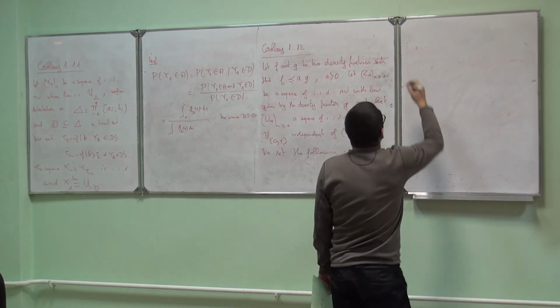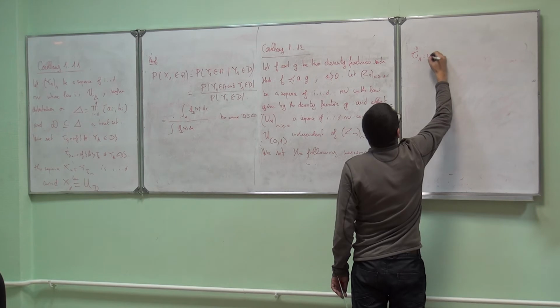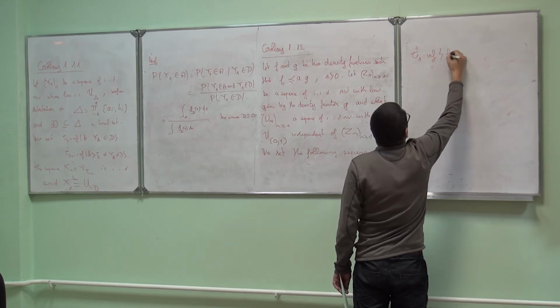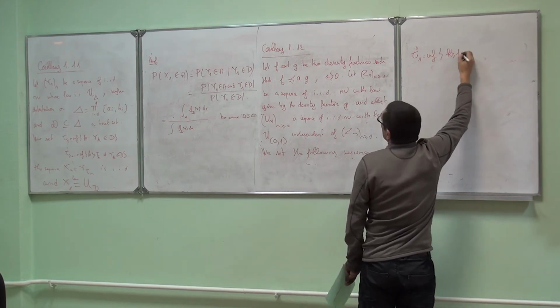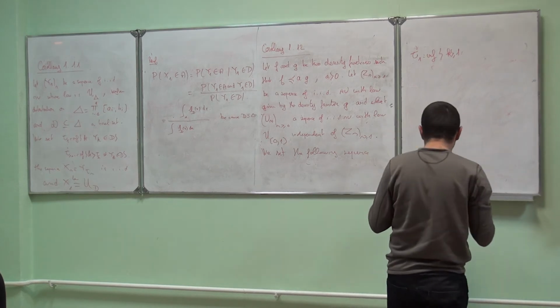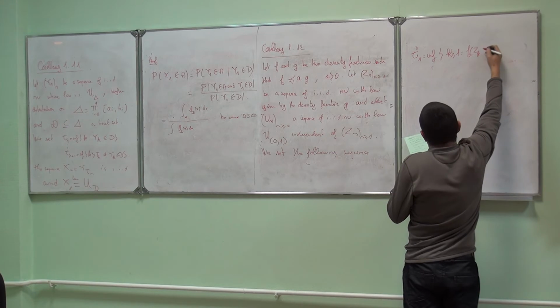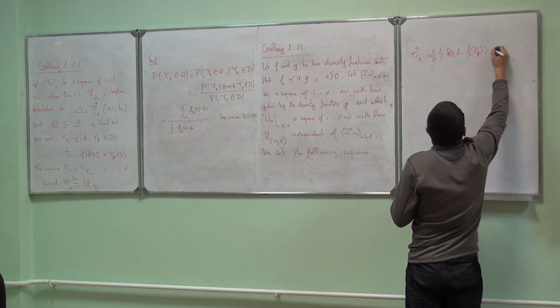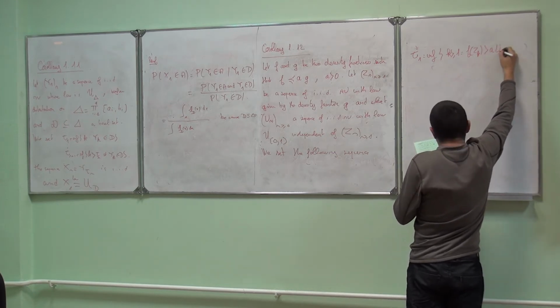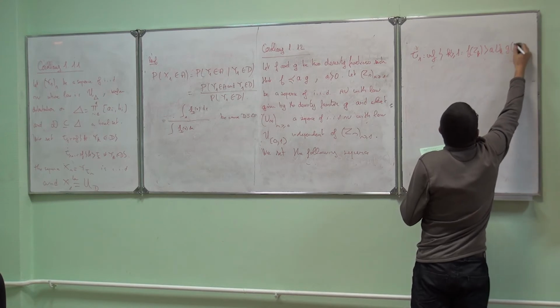Precisely, tau 1 is the infimum of all k greater than 1 such that f of zk is strictly greater than a uk g of zk.